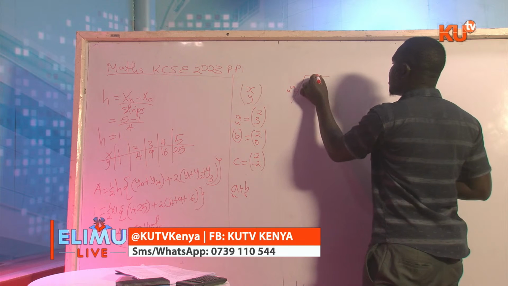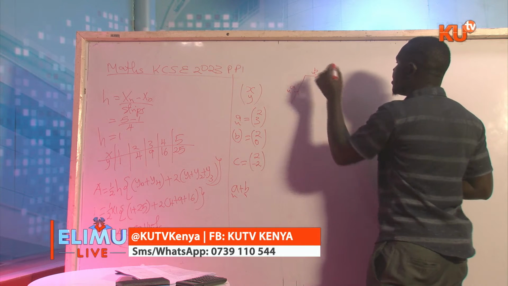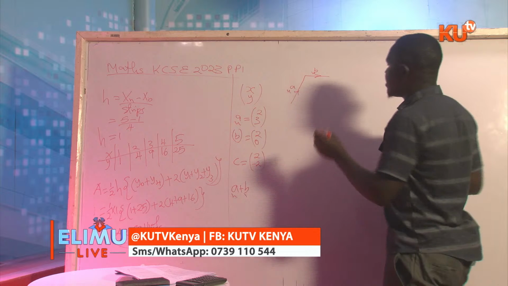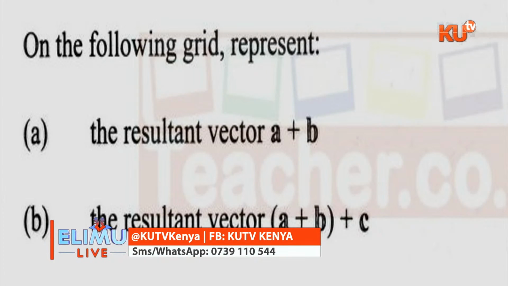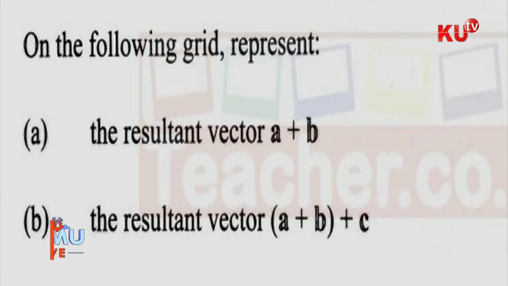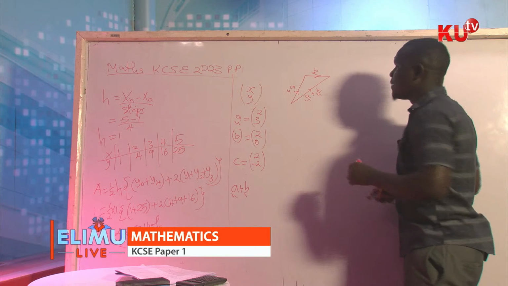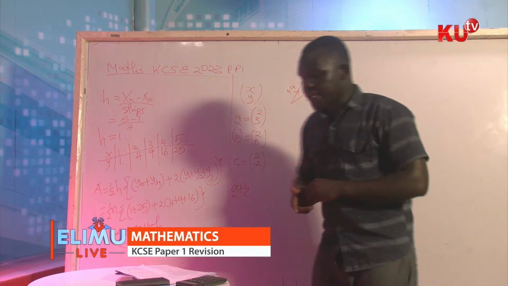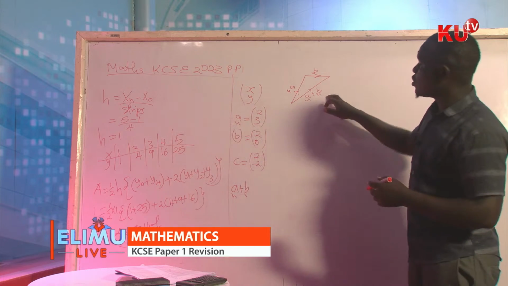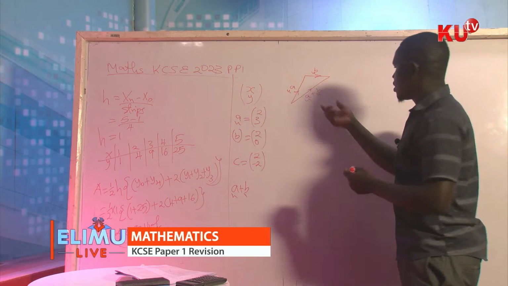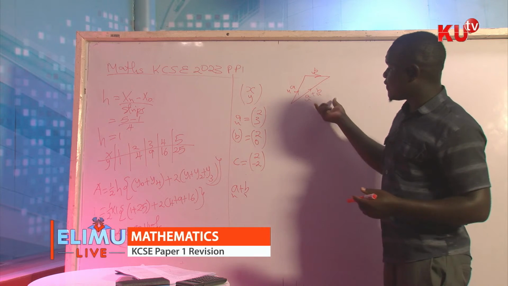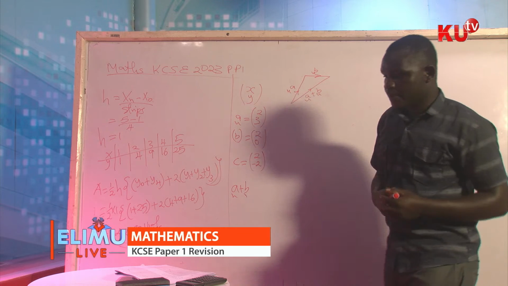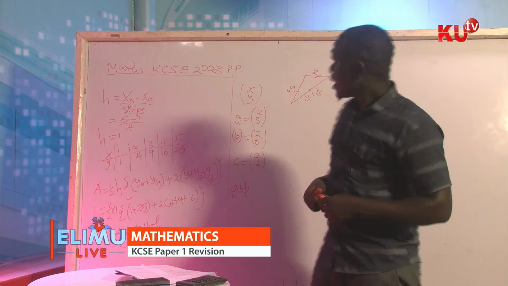So vector B will be this one here. Now they want A plus B. This one here is now what they call A plus B. So because they say represent, you should draw something of this sort. After you've drawn it successfully, that is how it should appear.